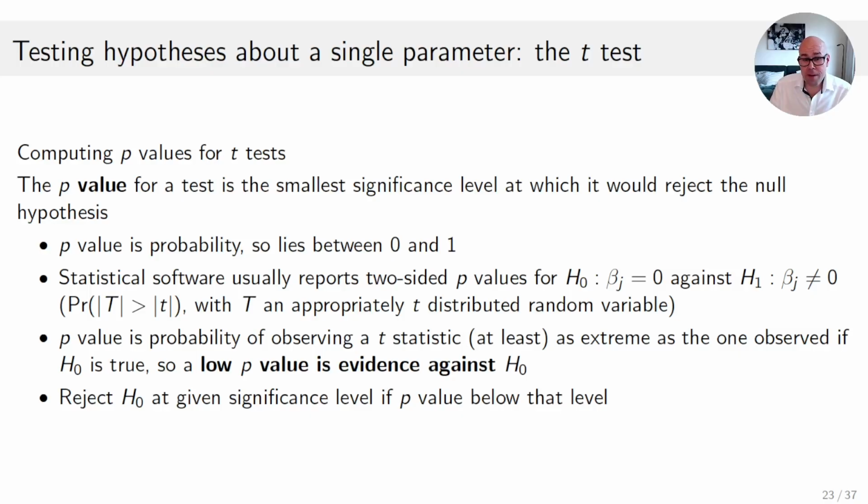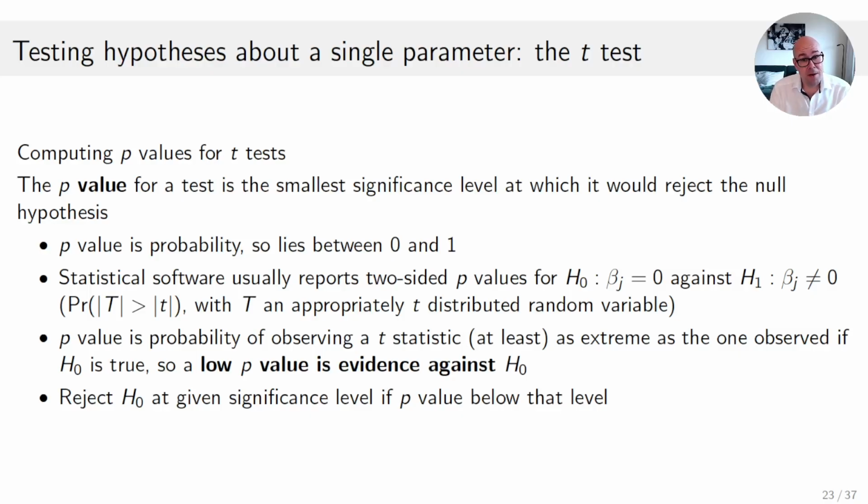So a low p-value is evidence against the null hypothesis because it says that it's really, really unlikely that you actually get the value that you find under the null. And we're going to reject the null at a given significance level if the p-value is below that level.